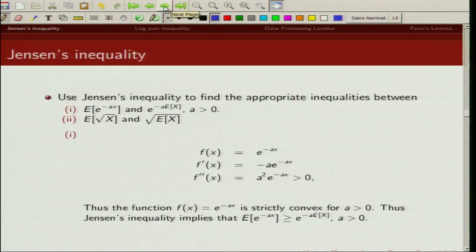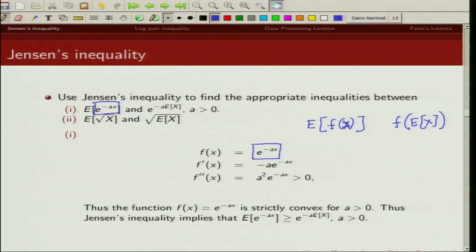So in the first case this function is given by this. So we need to first find out whether the function is concave or convex, and depending on whether the function is concave or convex, we can find the relationship between the expected value of the function and the function evaluated at the expected value, right.